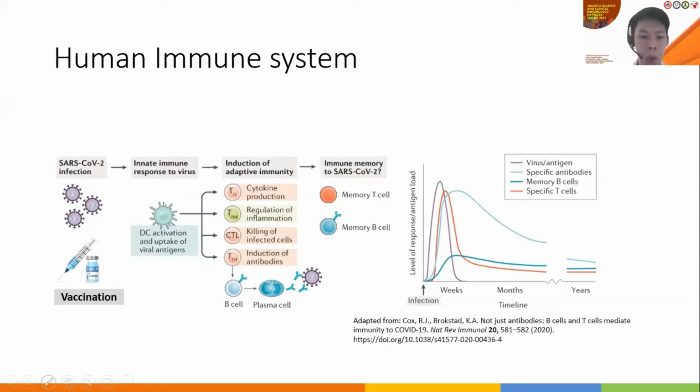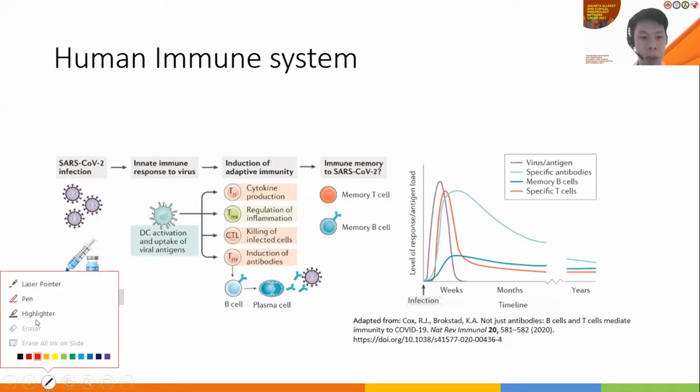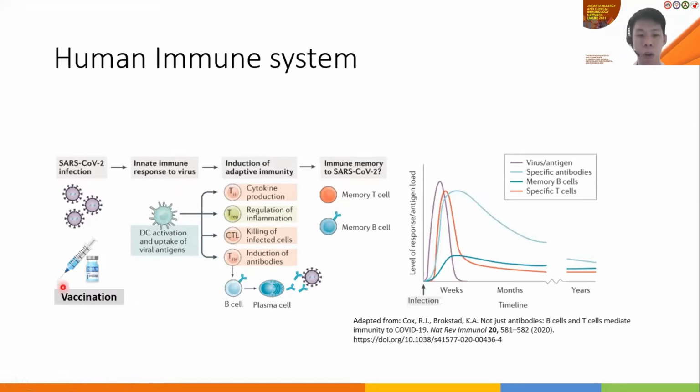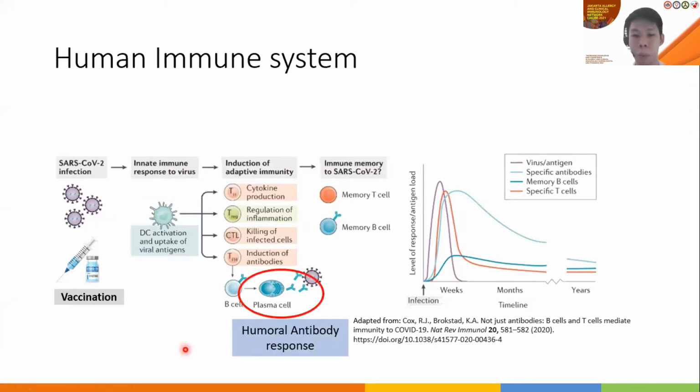What we know from literature on vaccination is that everybody is looking at plasma or antibodies, commonly known as the humoral antibody response. However, downstream, and as said by Prof. Samsu just now, there's also the T cell or cell-mediated immune response.